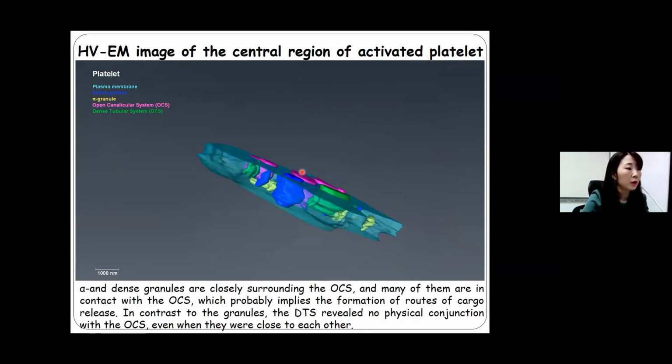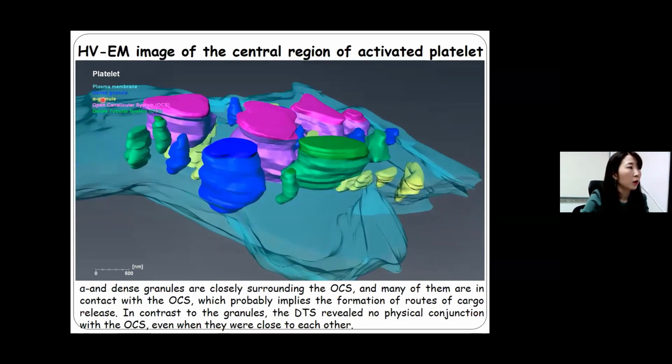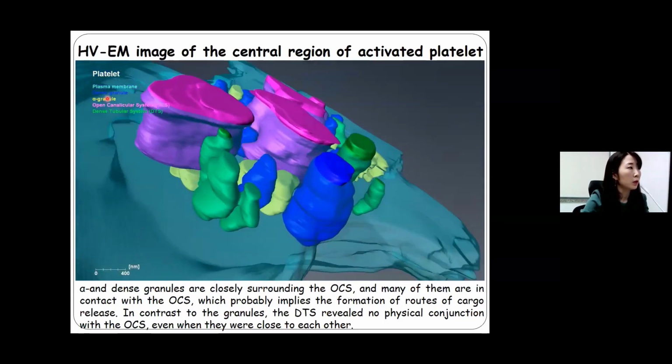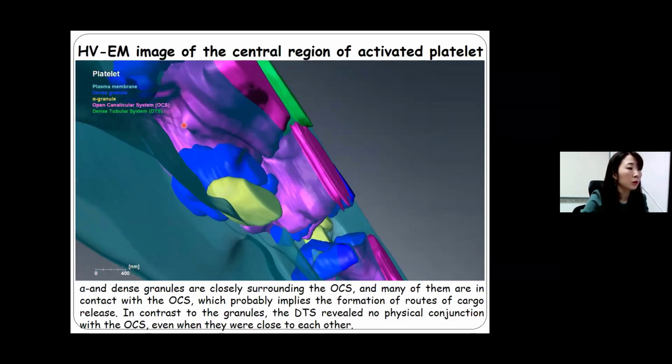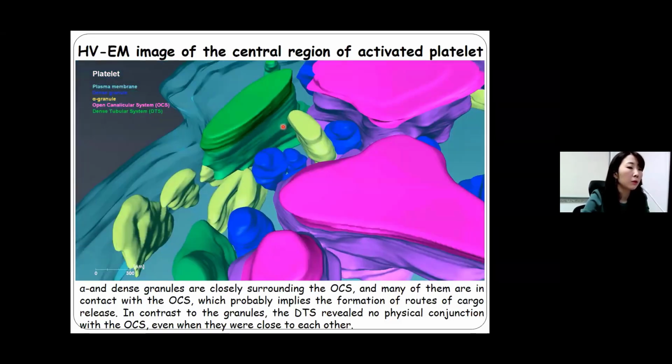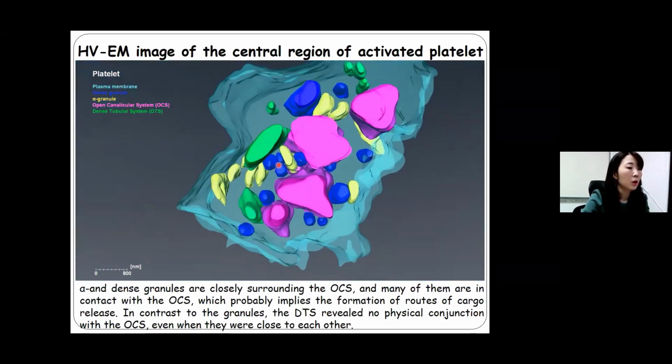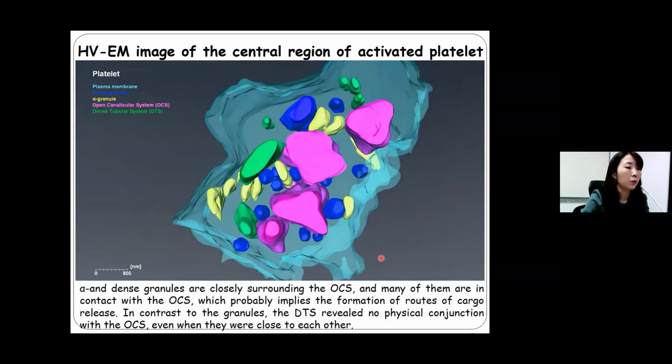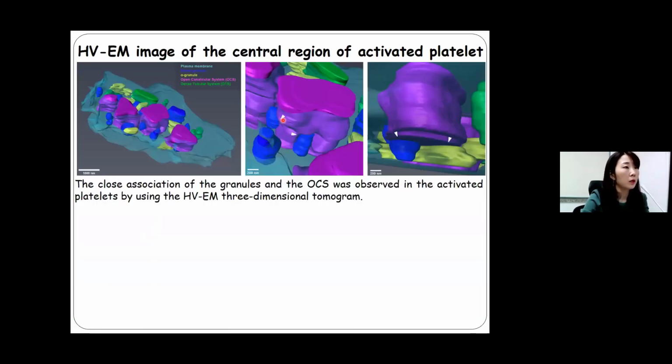And as you can see here, we could observe that the yellow and the blue color alpha granule and dense granules are closely surrounding the enlarged OCS, and many of them are in contact with the OCS, which probably implies the formation of the route of cargo release. So as you can see here, the close association of the granule and the OCS could be observed from the high voltage EM image. Like this, granule membrane fusion to OCS will trigger the granule secretion.